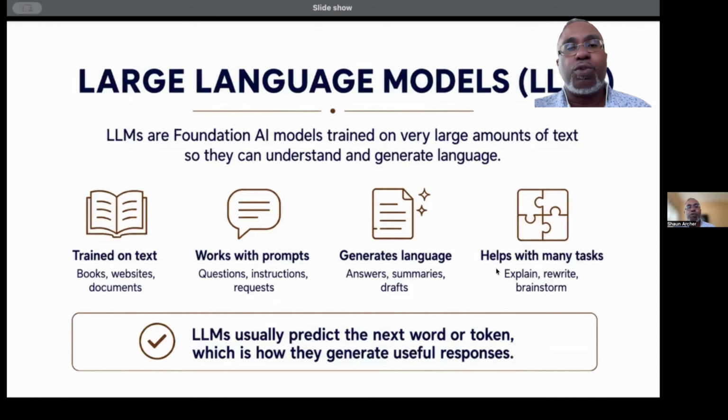Tokens are used to gauge how expensive a model is. So the responses from LLMs are usually in the form of not necessarily words, but tokens. The responses from LLMs are gauged by tokens.